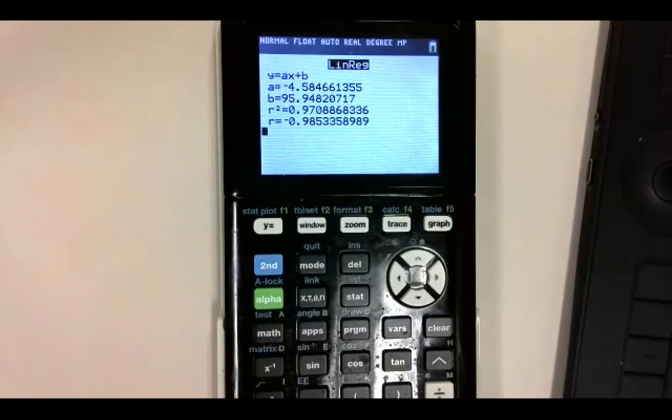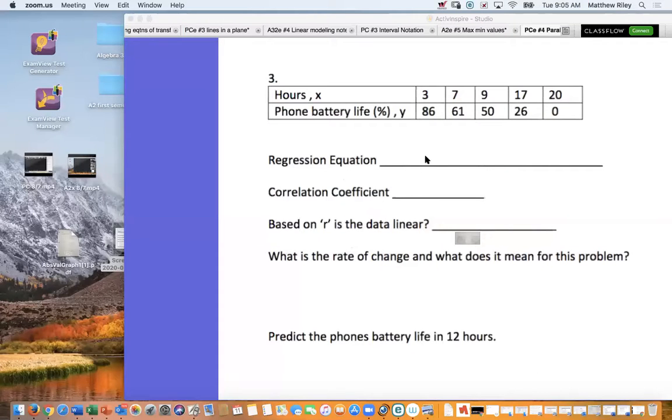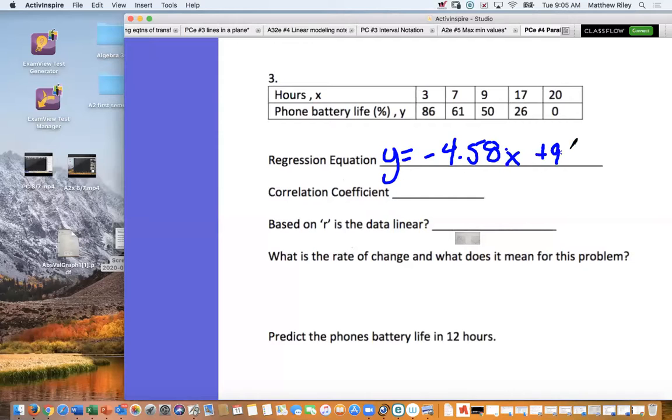Let's write the equation. So my equation should look kind of like this. y equals, my slope was negative 4.58x plus 95.94. Now we can talk about why this is good or bad, but real quick, what are we talking about? What's the rate of change and what does it mean for this problem?